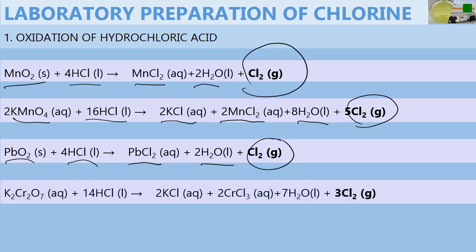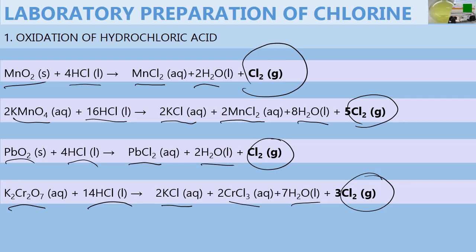Finally, when potassium dichromate 6 is used, it reacts with concentrated hydrochloric acid to give potassium chloride, chromium 3 chloride, water, and chlorine gas. In all these equations, you'll notice that the metals or the cations that are on the reactant side form chlorides on the product side.